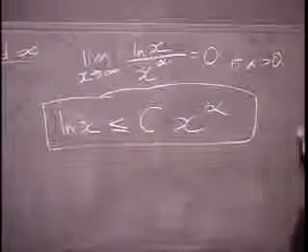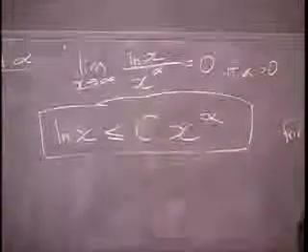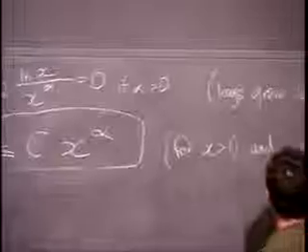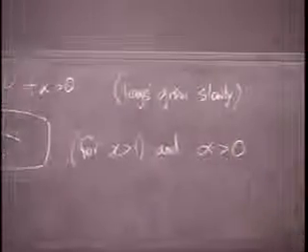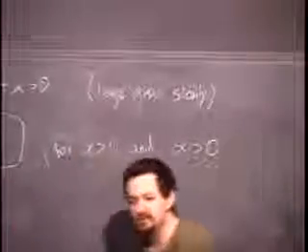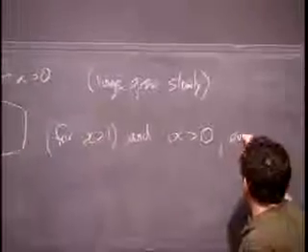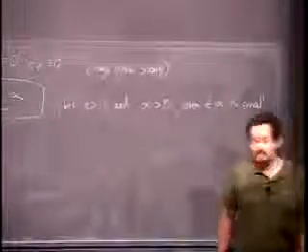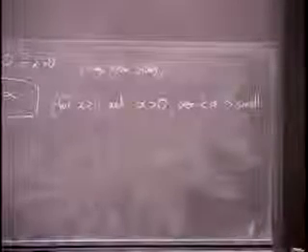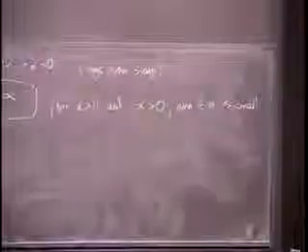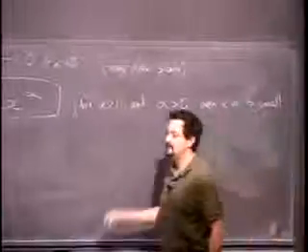That's true for x bigger than 1, say, and any alpha greater than 0. And this time you get the most power out of this statement when alpha is quite small. So in the other case, the exponentials, picking a bigger power never hurt anyone. But for the case of logarithms, a smaller power is good.